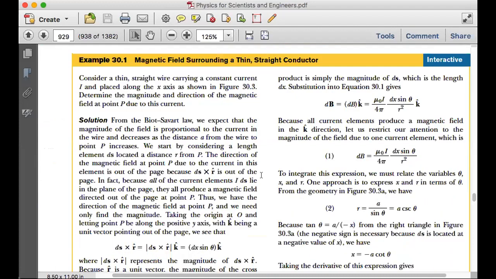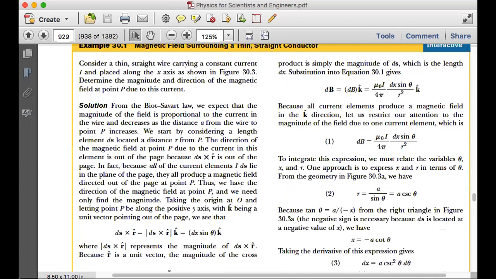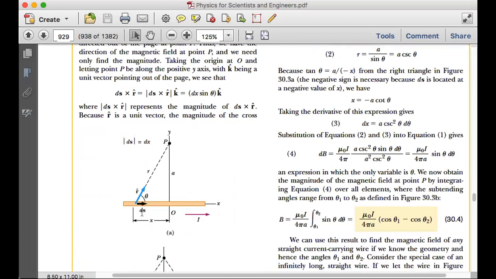I will give you an example. For example, this one, a thin wire. This is ds here, and this is r hat. R hat is the unit vector of the field coordinates. Because this is ds cross r hat, it should be around this k direction.